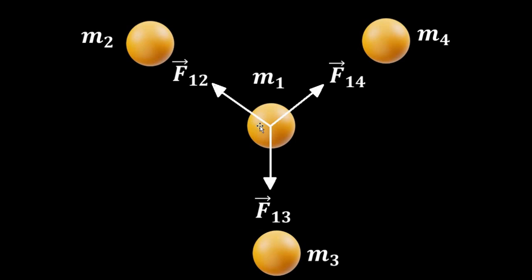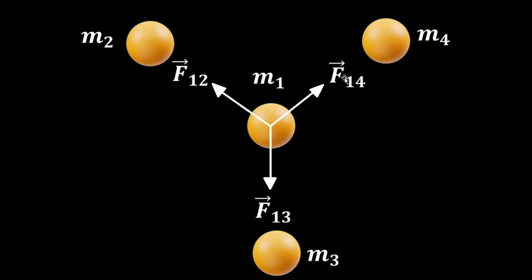So F12 vector, that is the gravitational force exerted on mass m1 by mass m2, is originating from the center of m1 directed towards the center of m2, because it is attracting mass m1 towards it. Similarly, F13 vector is the gravitational force exerted on mass m1 by m3, originating from the center of m1 directed towards the center of m3.